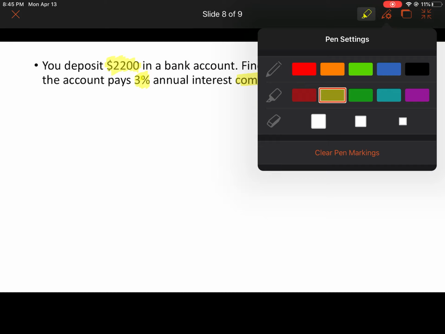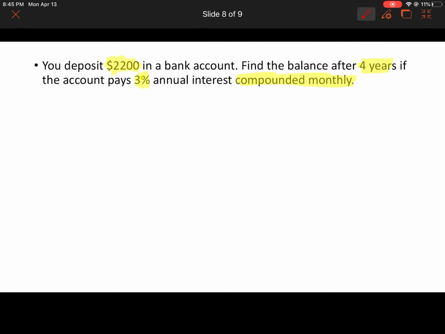Monthly means 12 months. So 12 months in a year. We're going to end up dividing by 12 and then multiplying the exponent by 12. Let's go ahead and write this. Original value, or initial value, multiplied times 1 plus your interest rate. In this case, your interest rate is 3%, so I'm going to take 3 and divide it by 100.